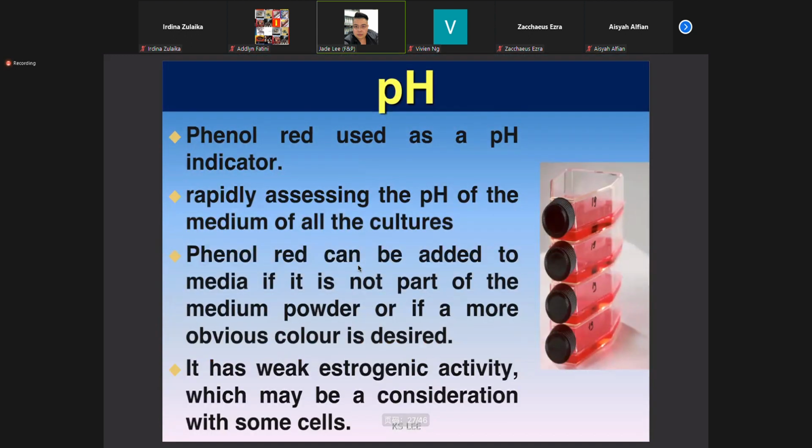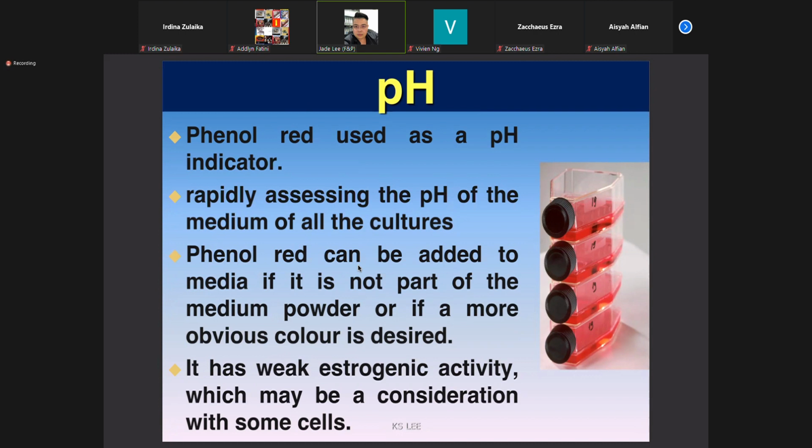Okay, and pH is also one of the very important parameters, and phenol red is often used as a pH indicator. You can see there's a pinkish color. So if the pH drops, then the color of this phenol red will change to orange or yellow.